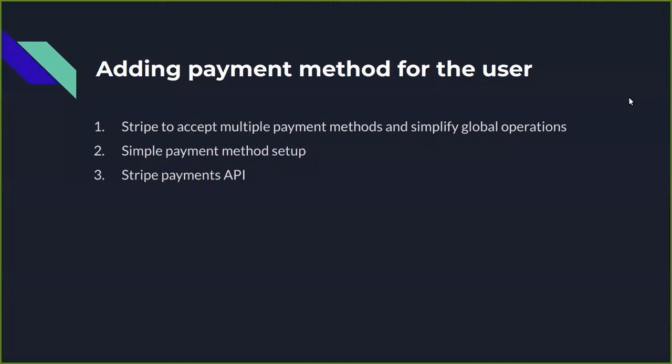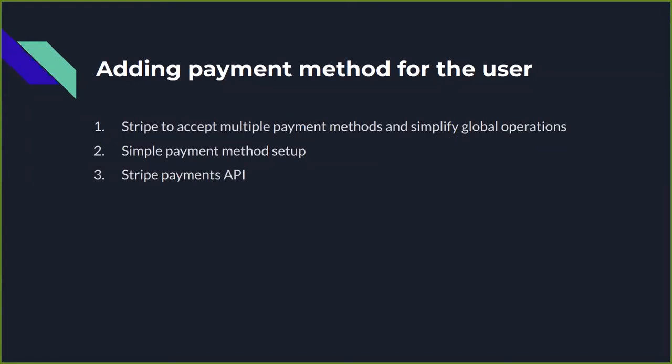Now we will learn about adding a payment method for the user. Stripe accepts multiple payment methods and simplifies global operations. As we know, we all do payments in different ways, like credit card, debit card, bank transfer, etc. In the same way, Stripe accepts different payment methods like bank transfer, mobile wallets, credit card, debit card, etc., with simple integration to perform global operations. Stripe provides a simple payment method setup.